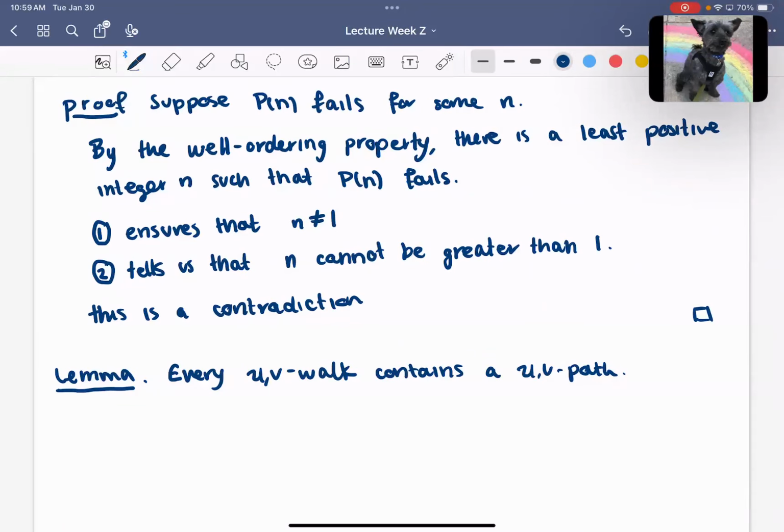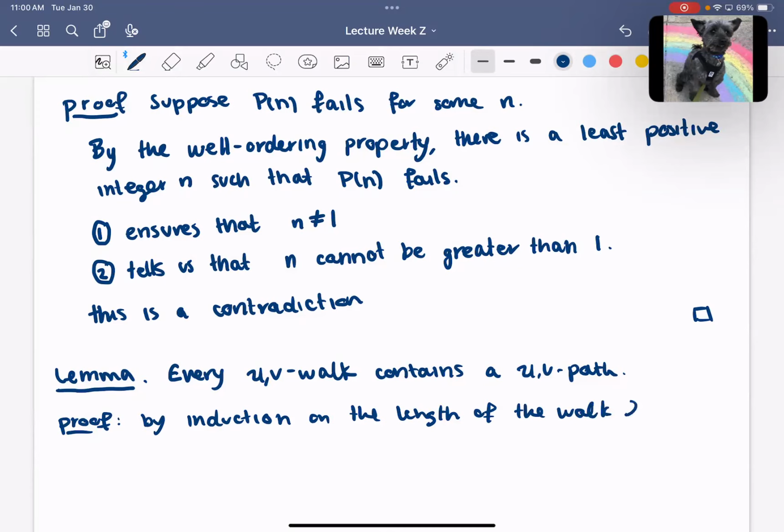Okay, so we're going to prove this by strong induction on the length L of the UV walk. The proof will be by induction on the length of the walk, L.